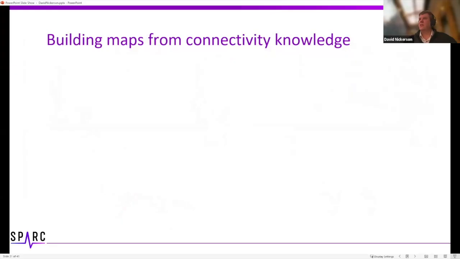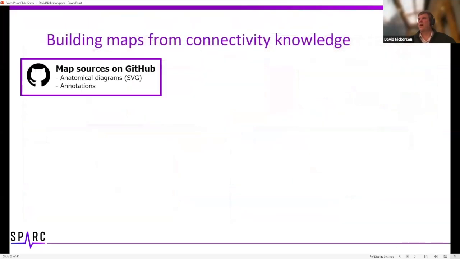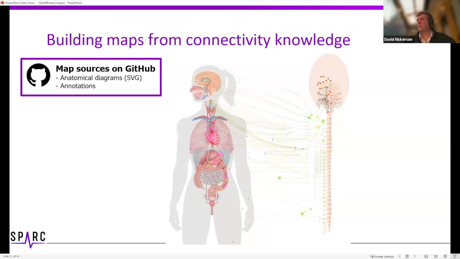So just to look at how we build these maps based on that FAIR description of the connectivity. We start with the maps, which are basically hand-drawn anatomical diagrams. They sit on GitHub. They look very similar to what you see on the portal.